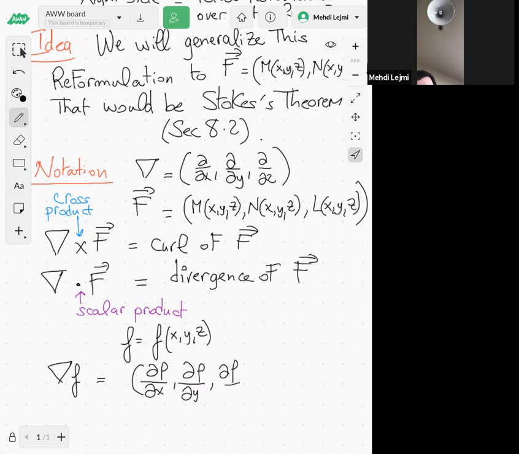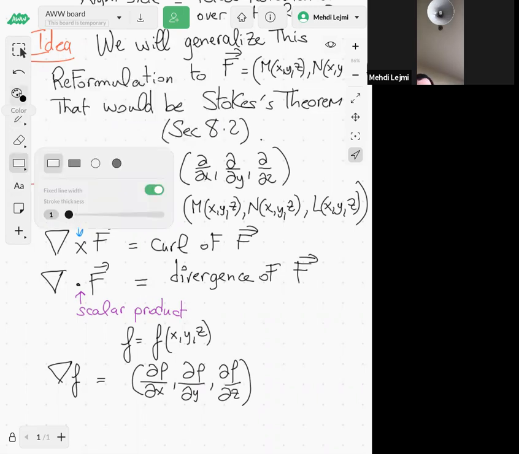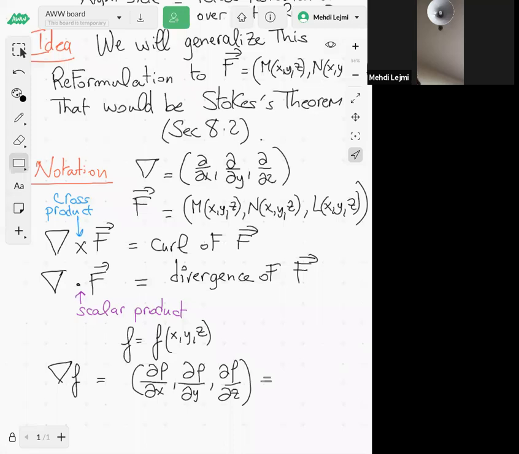This is called the gradient of the function f. This is different terminology. I think you have seen the gradient of f in Calc 3.